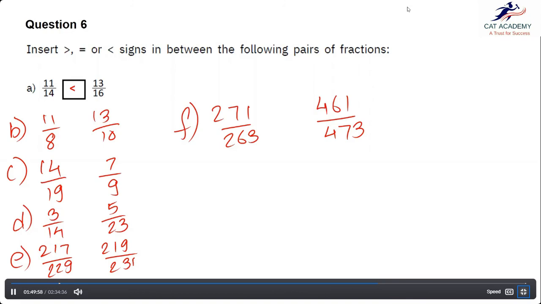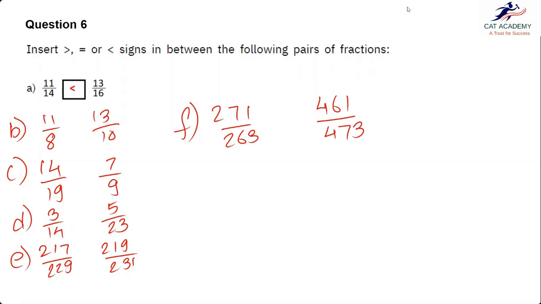Done, guys? Let's have a look at these questions one by one. First one, I already gave it to you. That was 13 by 16 is greater, because rule number 1 we can apply over there.